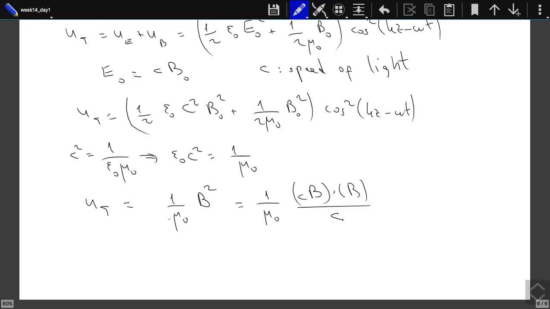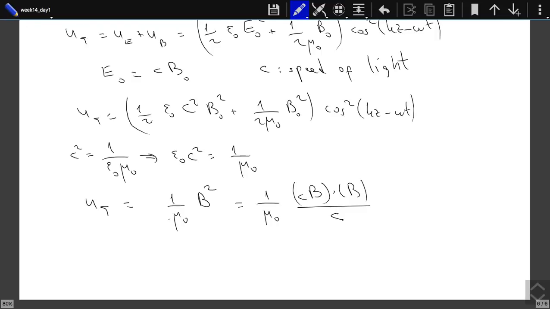I just put some weird constants. But c times b is equal to E0. Or c times B0 is equal to E0. This is what determines their magnitude. So c times b is, in magnitude, equal to the electric field.